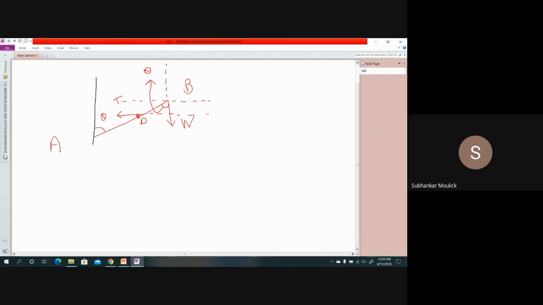So from point A, which is nothing but my hinge point, the reaction will be in this manner. This is my reaction RA. And if I extend this RA, see this point, which point? This particular point is my equilibrium point, because at this point either all the forces are originating or all the forces are terminating. Is it clear?